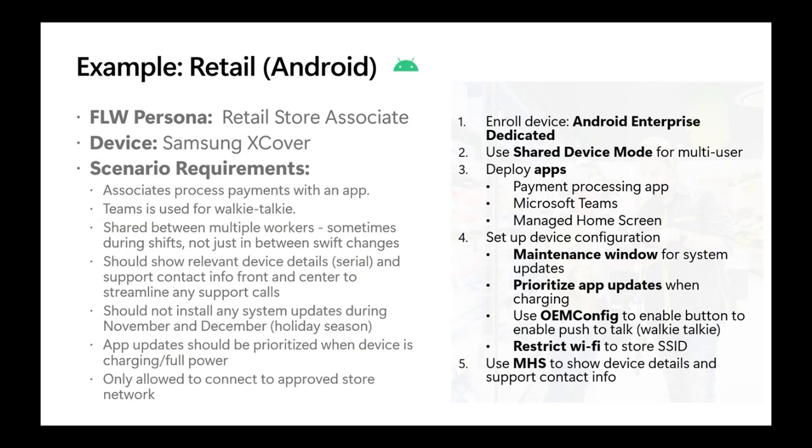And then I can use other Intune policies to set up a maintenance window for when my system updates install. I might want to use the Samsung E-FOTA integration for even further control of that. I can use device configurations to prioritize app updates, use OEM config policies to enable certain Samsung-specific policies, as well as restrict my Wi-Fi.